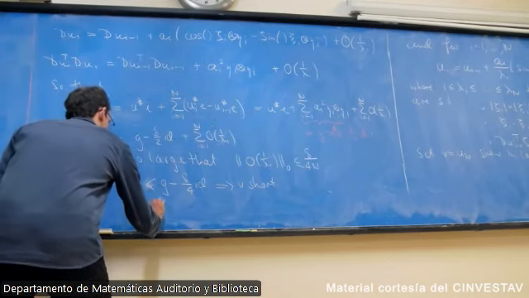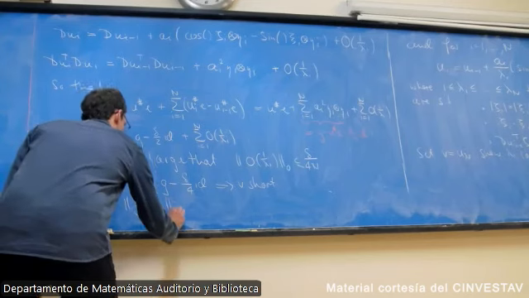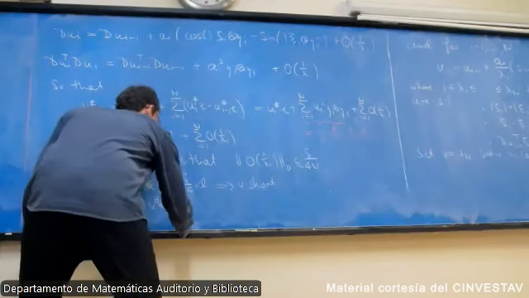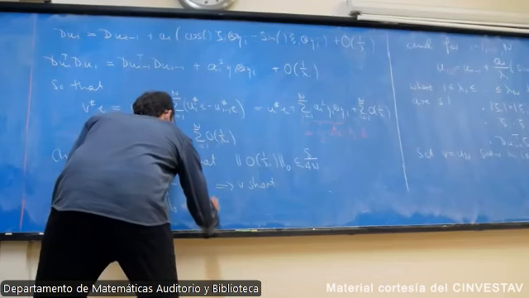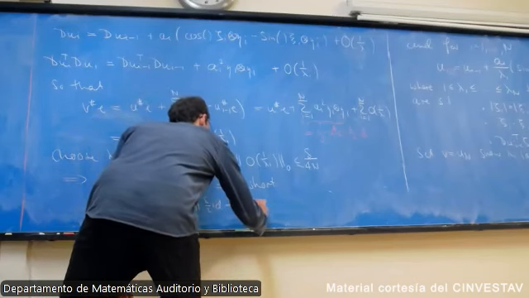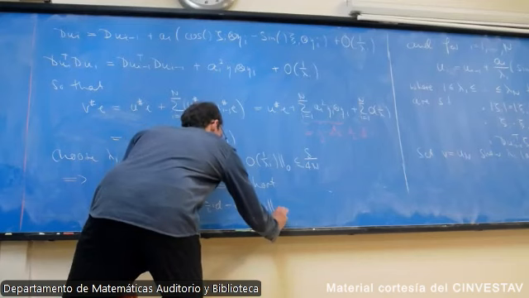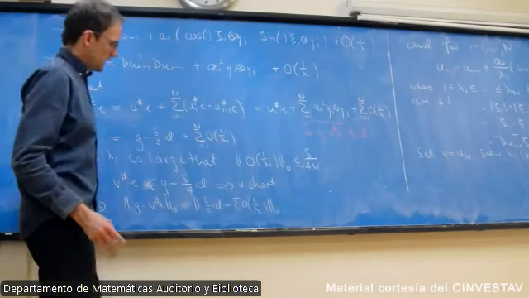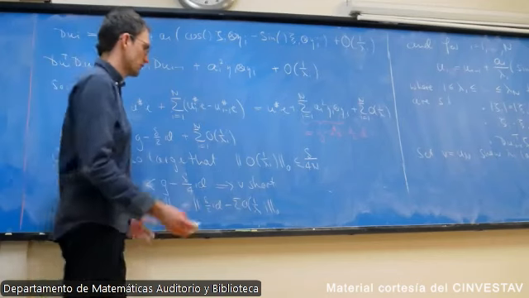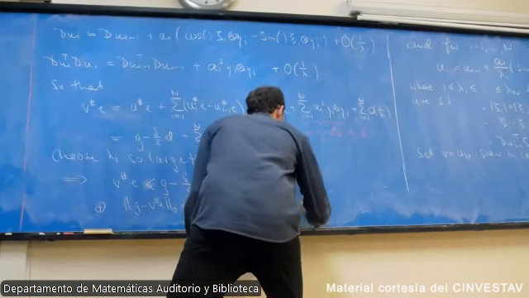G minus V star E is less than or equal to, so this is the same as delta halves identity minus all these errors. Sorry. And these I chose to be smaller than delta over 4n. This is less than delta halves over n. So this is less than or equal to delta.